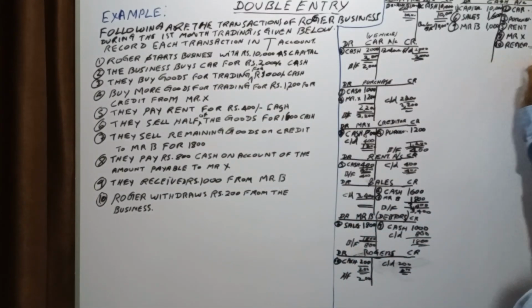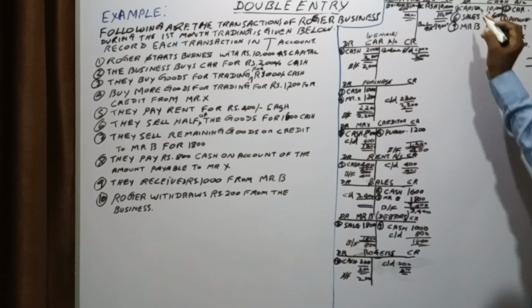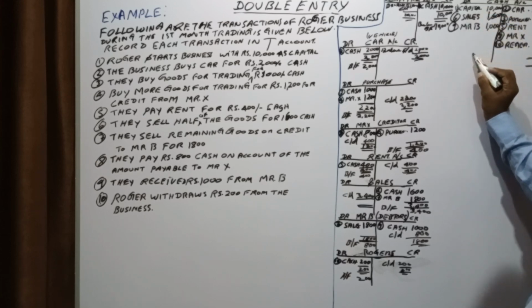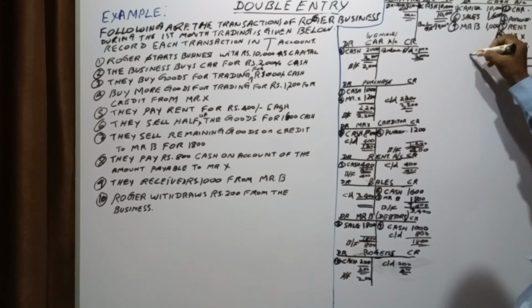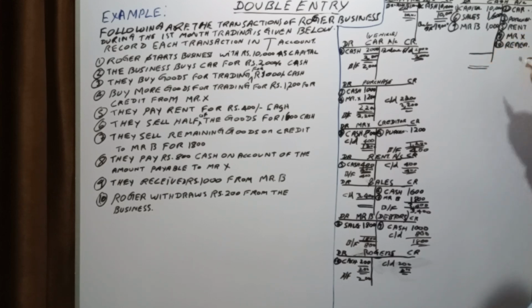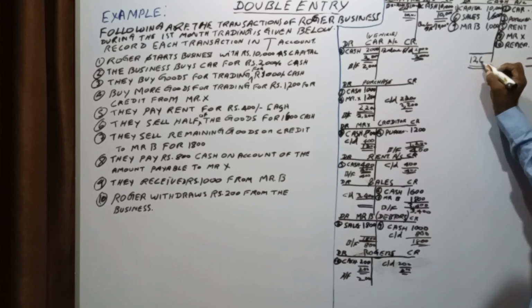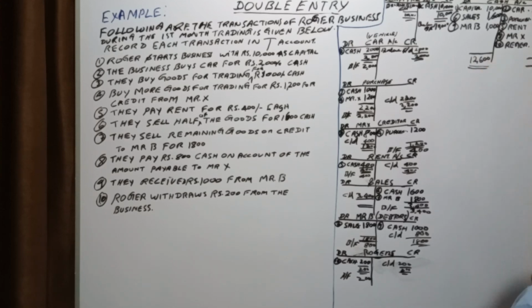Then we will come to the major account. This is the greater amount, the debit balance is the greater amount, so 12,600, right?